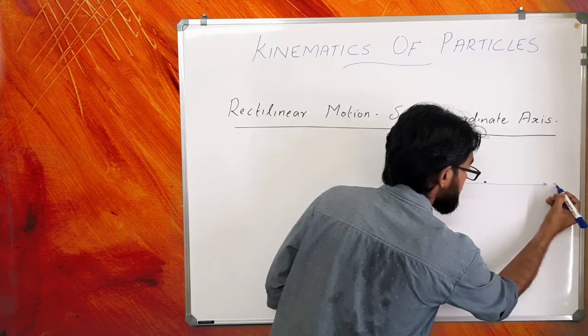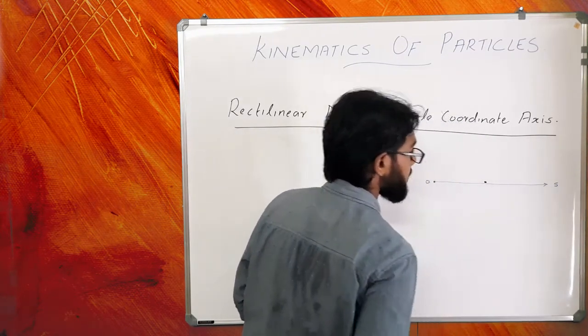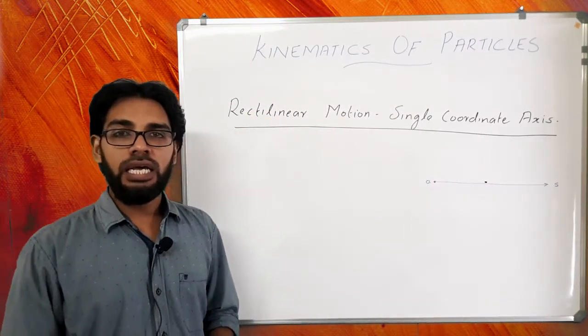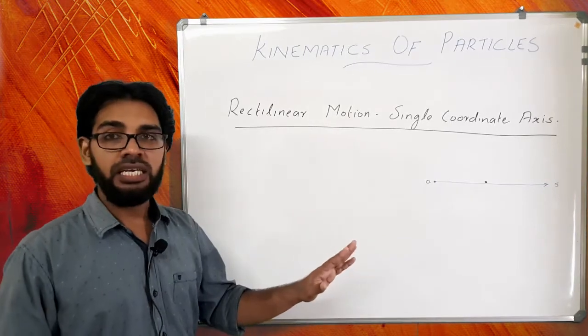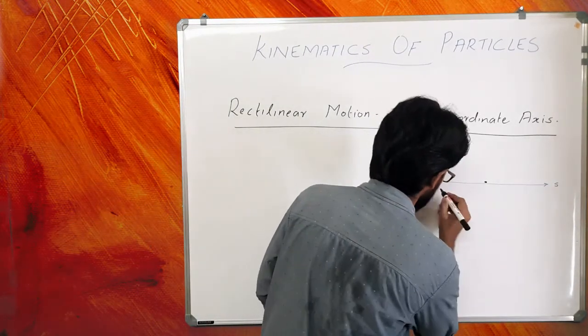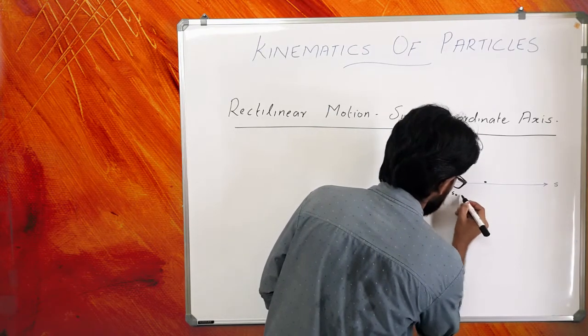Let us name the axis as S. Now, let the particle be initially at a distance, say S0, from the reference point O.